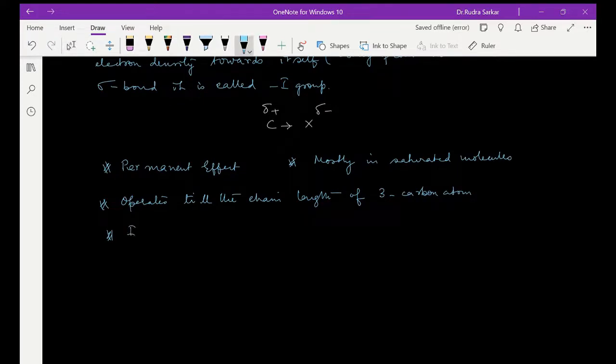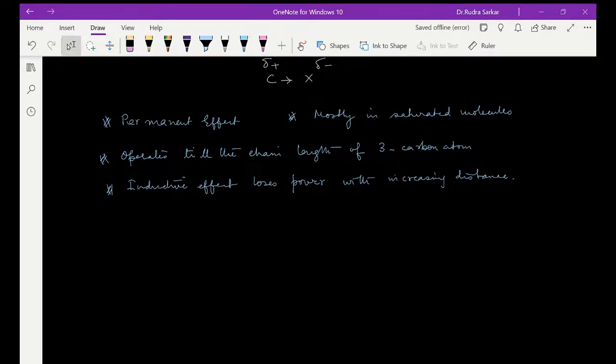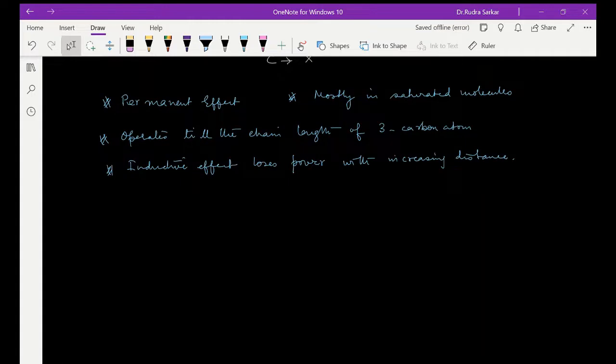So what can we say? That inductive effect loses power with increasing distance. So these are the key factors that one should remember while one is considering or learning inductive effect.